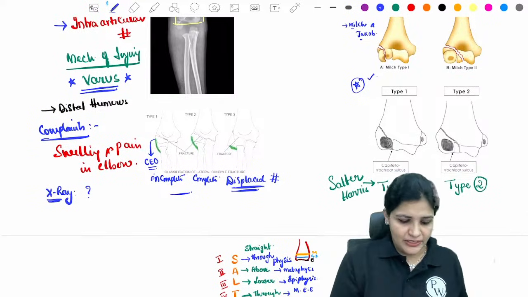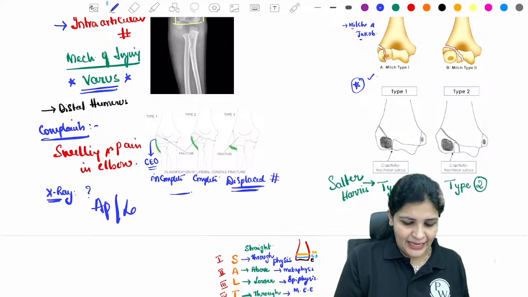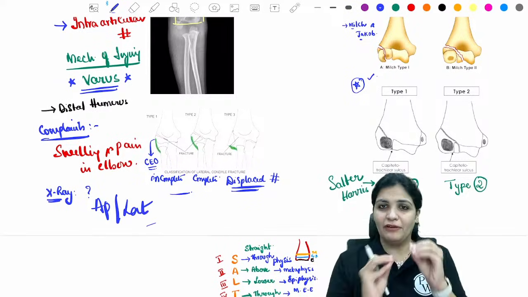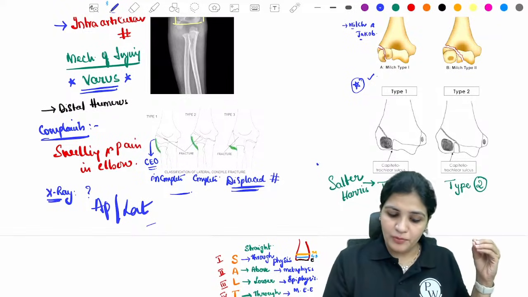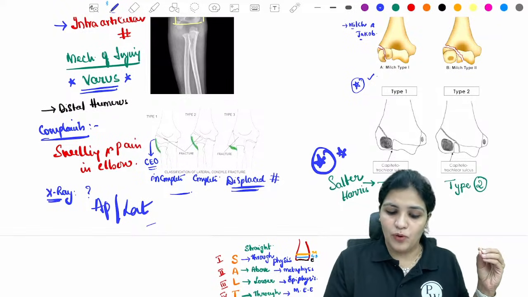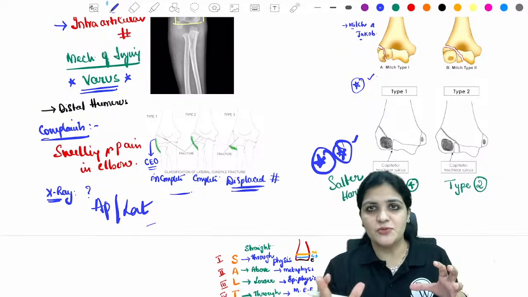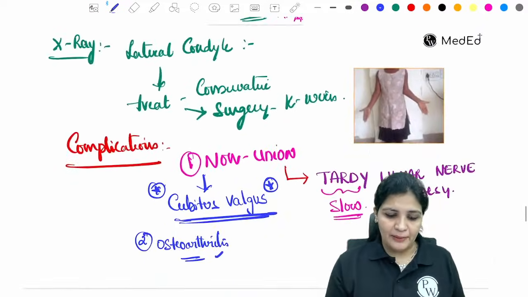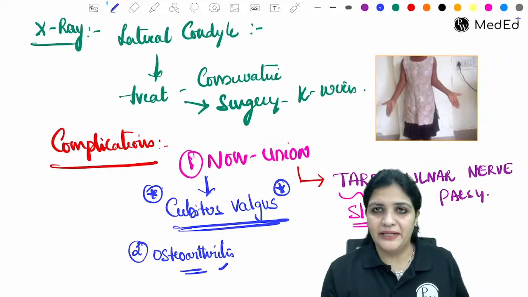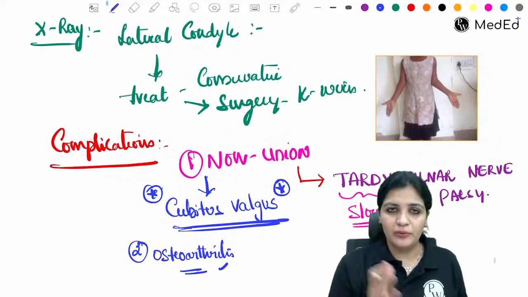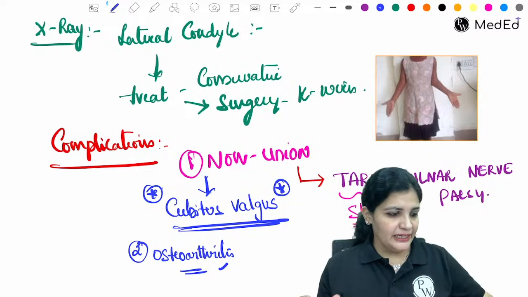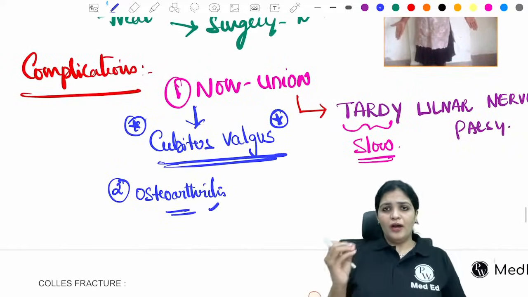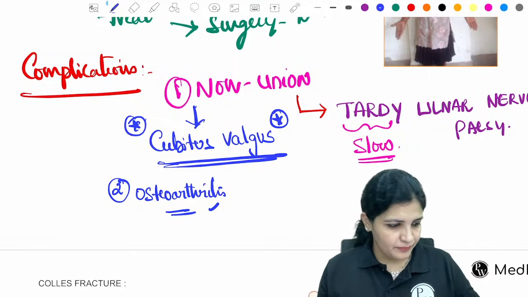You will take the x-ray, both AP and lateral, and then tell in detail about the Milch classification, mentioning in underlined words that this correlates with the Salter Harris. Then you tell about the treatment, and complications are very, very important: non-union, cubitus valgus with tardy ulnar nerve palsy, and sometimes osteoarthritis. Okay, clear?